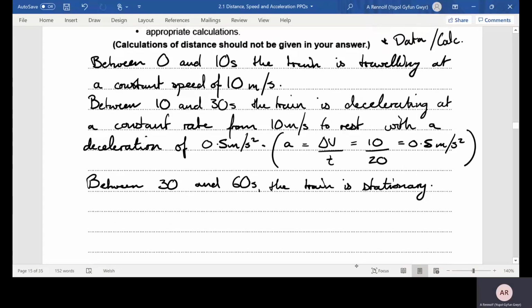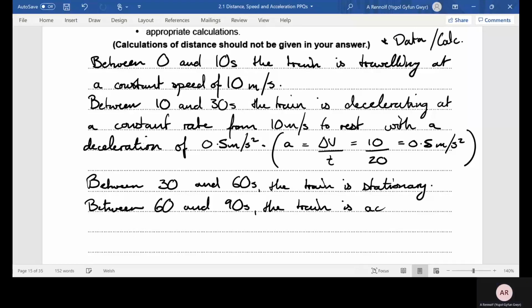Moving on to part four then, between 60 and 90 seconds, so next part of the graph, the train is accelerating at an increasing rate.